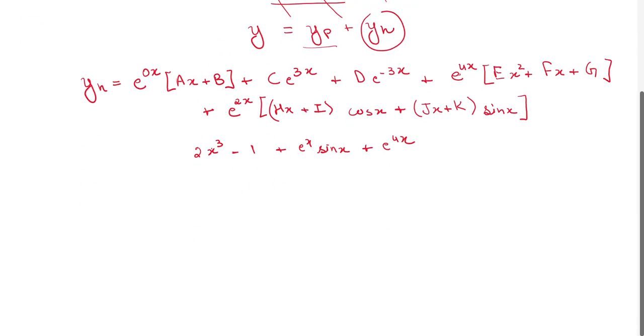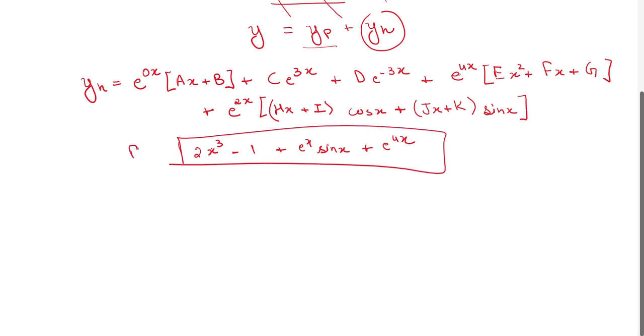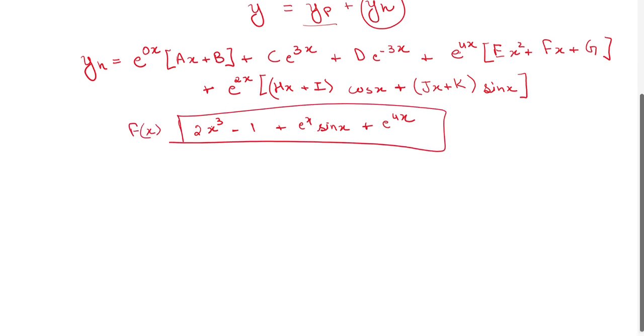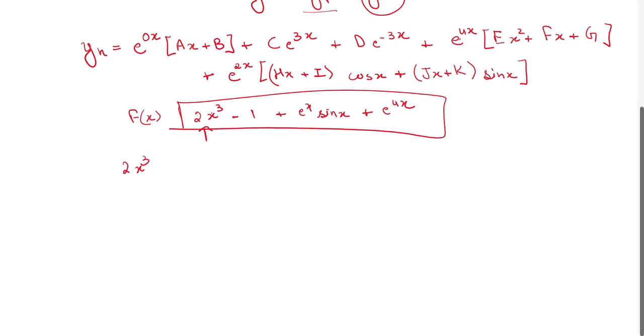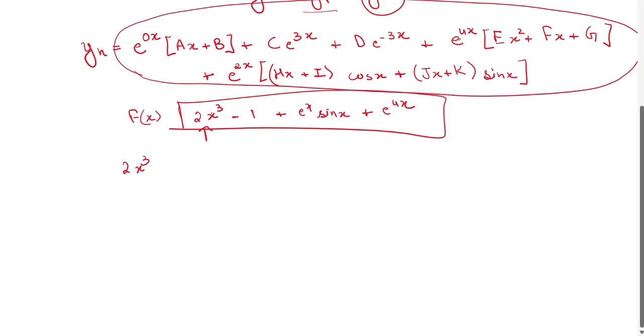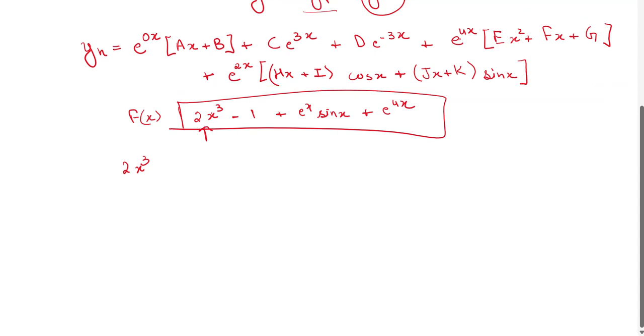Okay, this is our f of x. So looking at 2x cubed, we need to find our f of x from here, which should appear at least somewhere in the homogeneous equation.